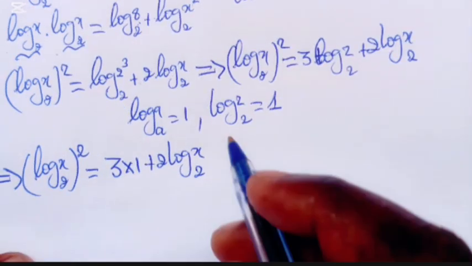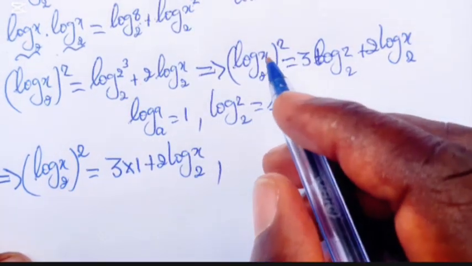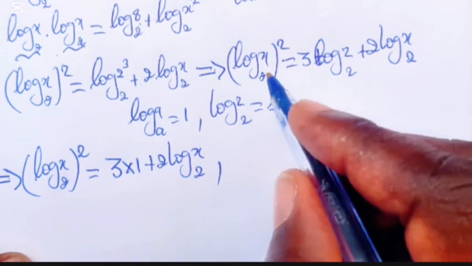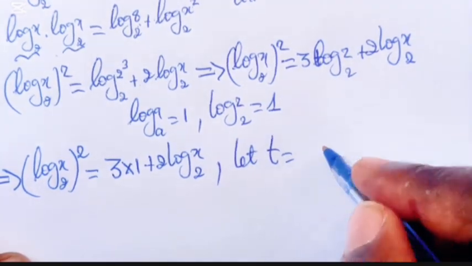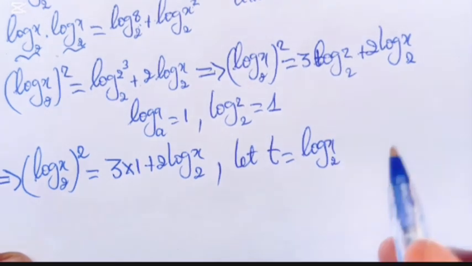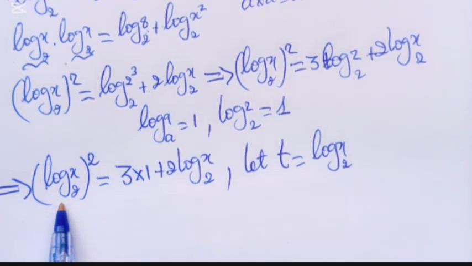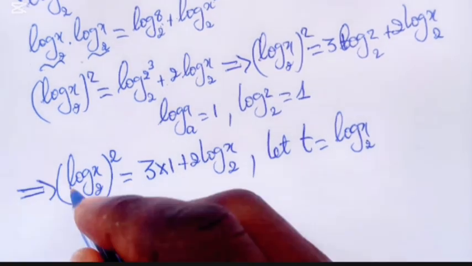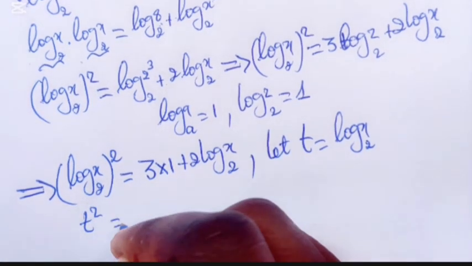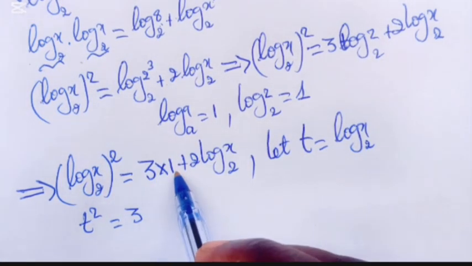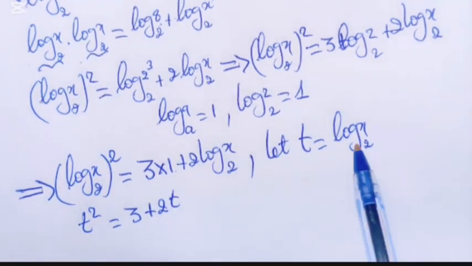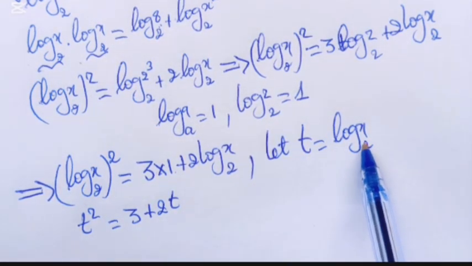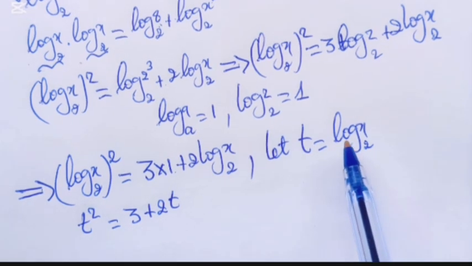And the next is to assume. We do the assumption by writing t to be log x base 2. Everywhere we have log x base 2, we are going to have t there. That's why here is t power 2, which is equal to 3 times 1, that is 3, plus 2 times t, because our t is log x base 2.